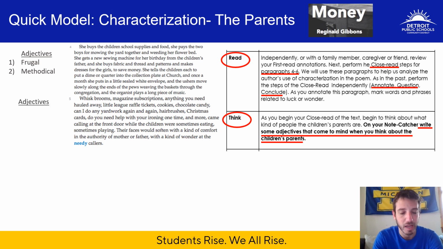So the first adjective that comes to mind in this paragraph is dismissive. That's a personal interpretation. I don't think someone has to be dismissive by literally dismissing someone and saying shoo. I think they're dismissive because it seems like they've already made up their mind about these door-to-door salespeople. It doesn't really matter.